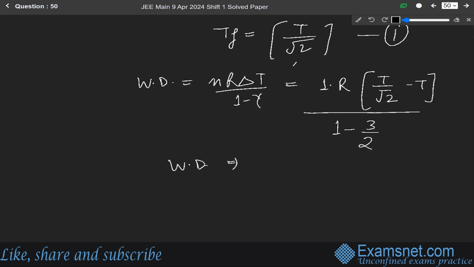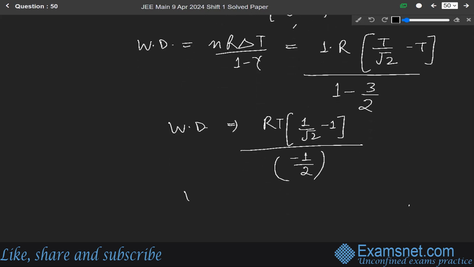So work done will be equal to R, taking T common, so we get 1 over root 2 minus 1, and here we get 2 minus 3, which means minus 1 by 2. So the 2 goes in the numerator, and multiplying with the minus sign we get 2RT (1 minus 1 by root 2).